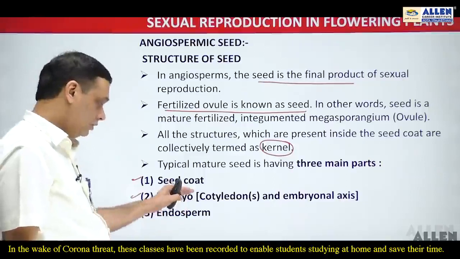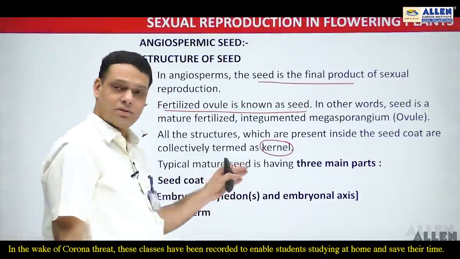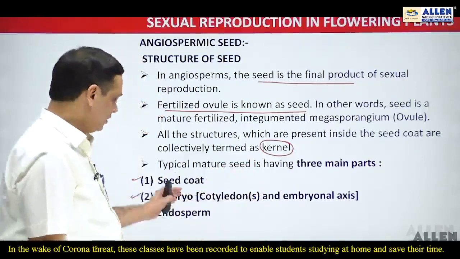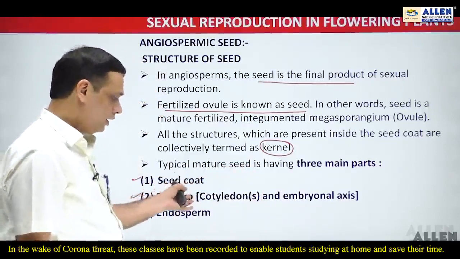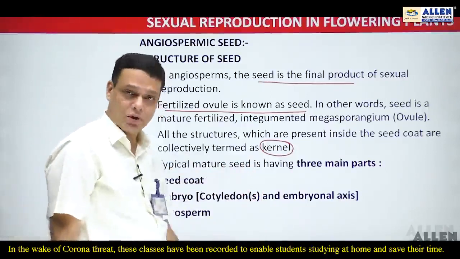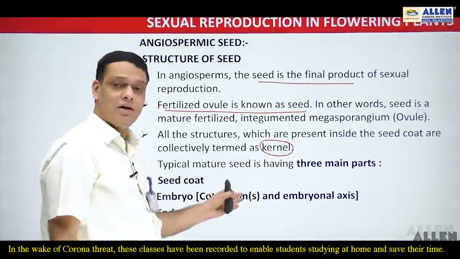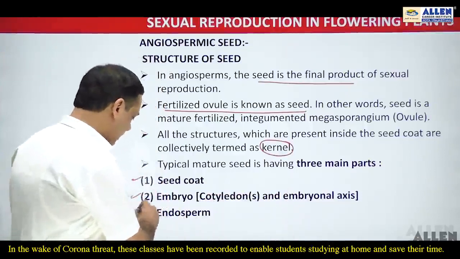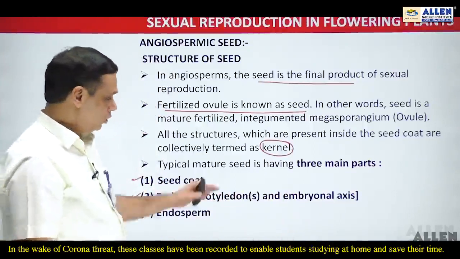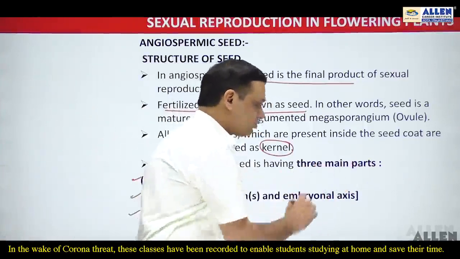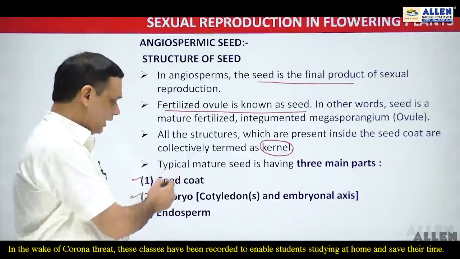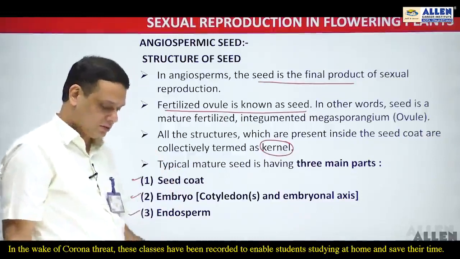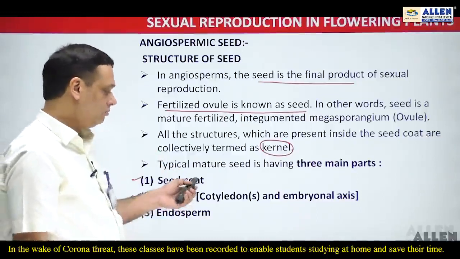We have discussed in our previous lecture what the embryo is and what its main parts are, and those main parts are cotyledons and embryonal axis. And the third part of the seed is the endosperm. So these are the three main parts of the typical mature seed: seed coat, embryo and endosperm.